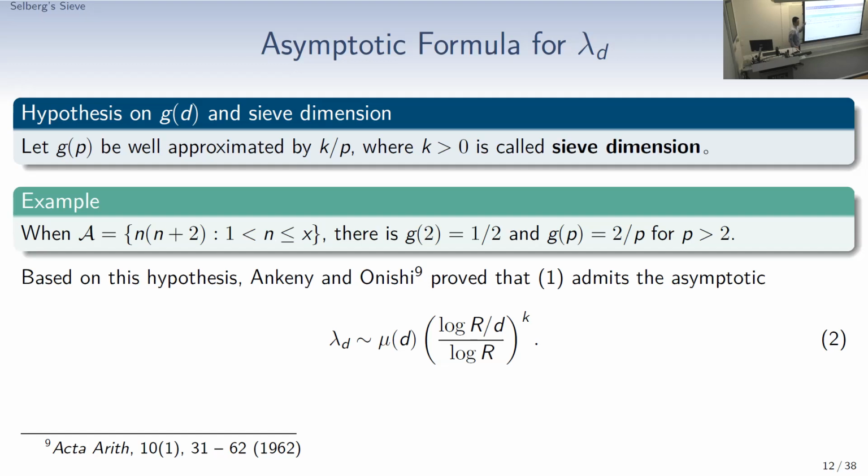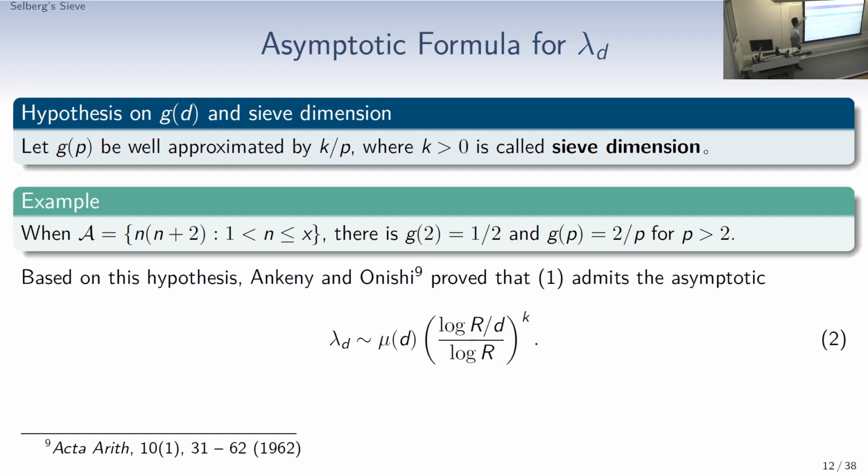After a certain analysis, we conclude that G of p is well approximated by 2 over p when p is large. So if we set up the twin prime problem like this, we get a 2-dimensional sieve. And this dimension will be very interesting because what James Maynard did is a kind of dimensionality reduction attack. We will go over that in a few slides.